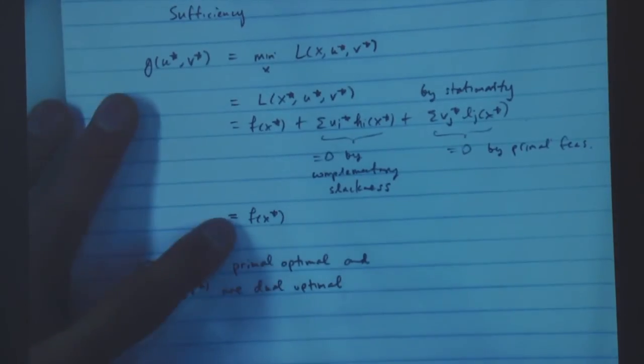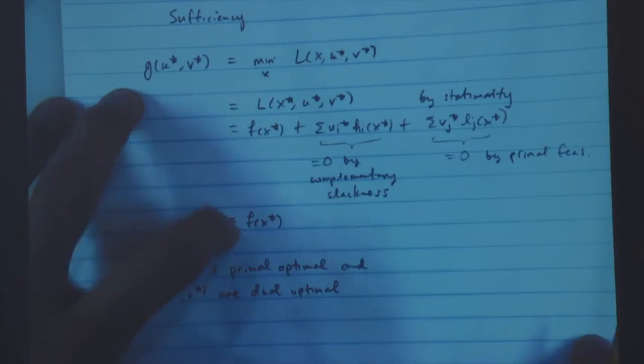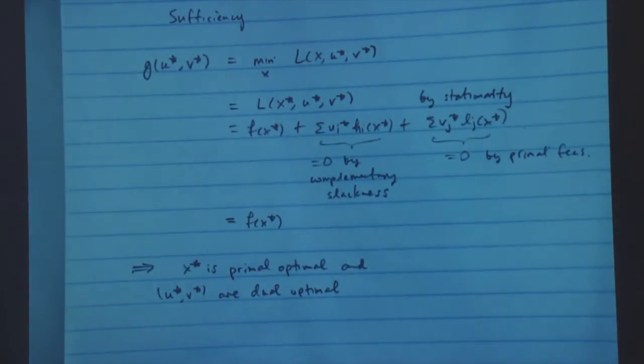In other words, we've just shown that the duality gap is 0 between these two. And from what we saw last time when we studied duality, if the duality gap is 0, then we must have the primal and dual solutions.